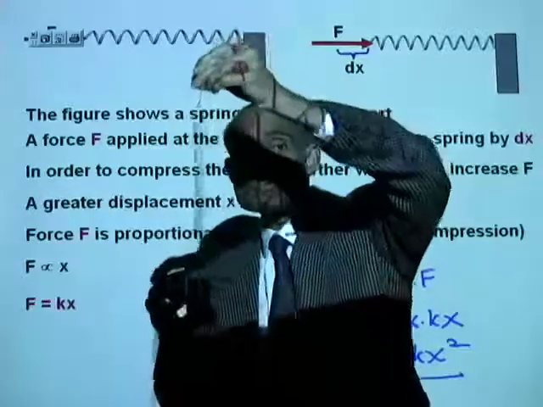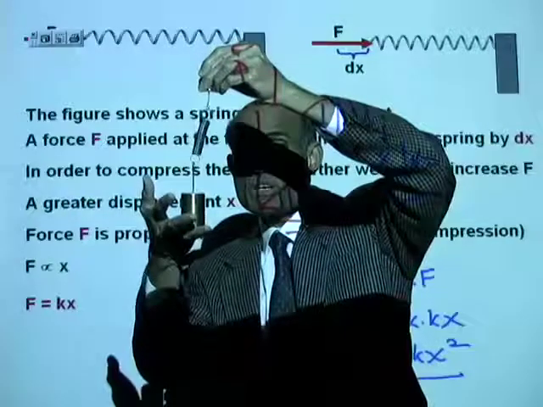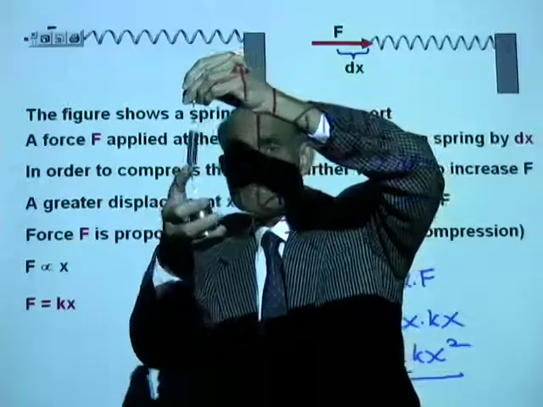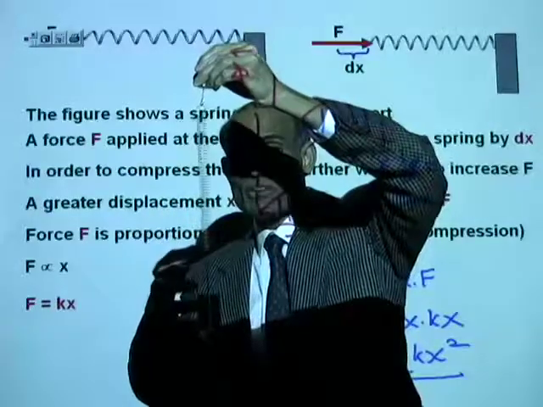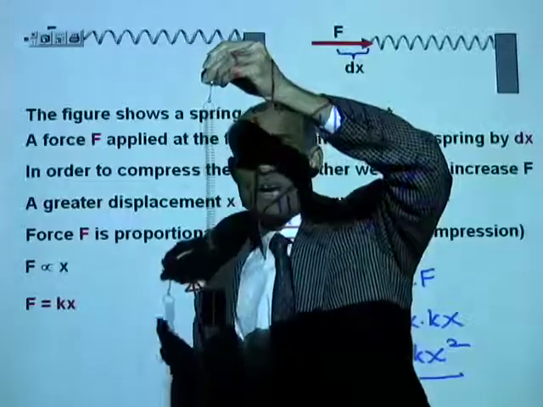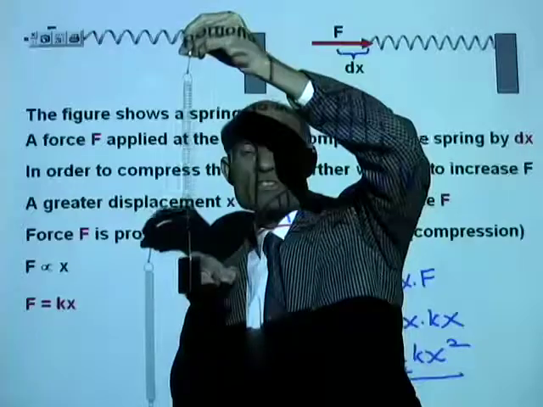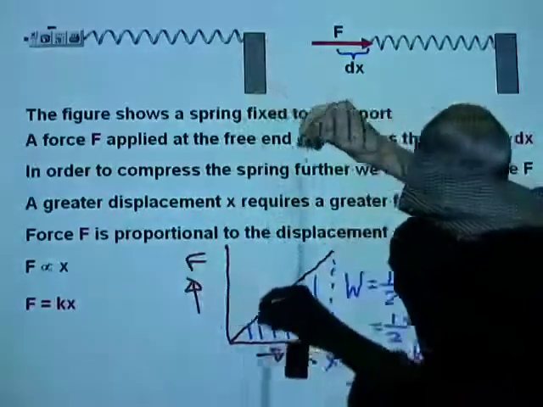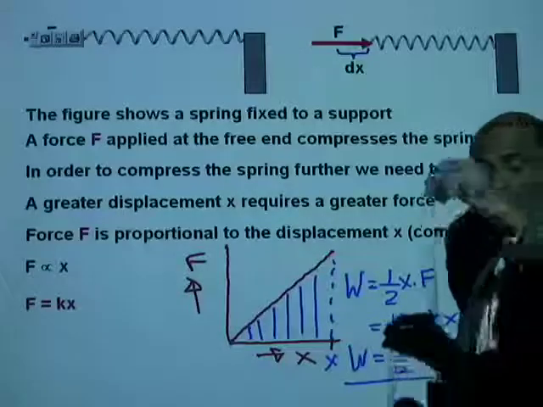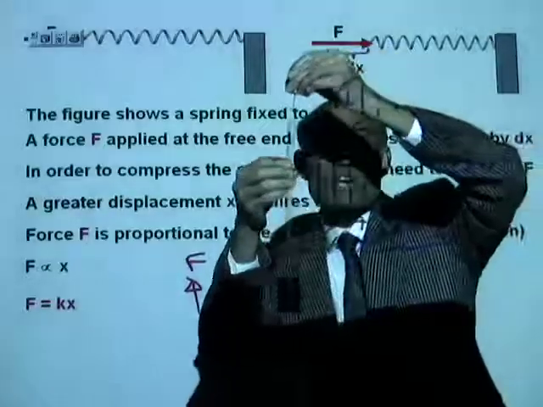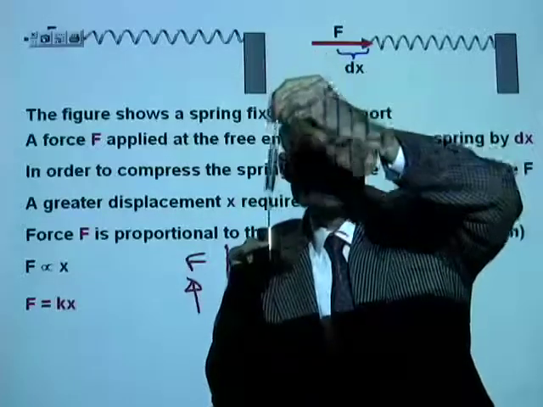I have now produced an amount of stretch x. Now look at this. This is the length when it is unstretched. Now I can measure the length x, and therefore I can now calculate the work done in producing the stretch. What is the work done? Equal to 1/2 kx squared, where k is called the spring constant of the spring, and x is the amount of stretch.